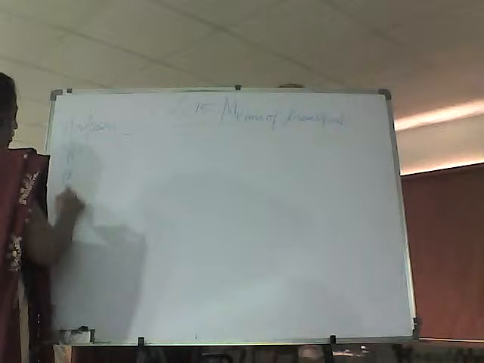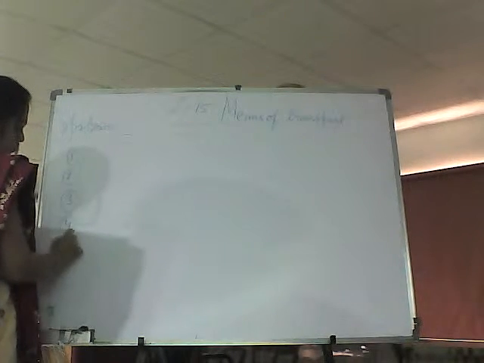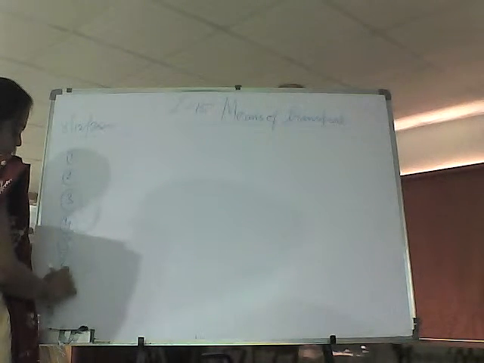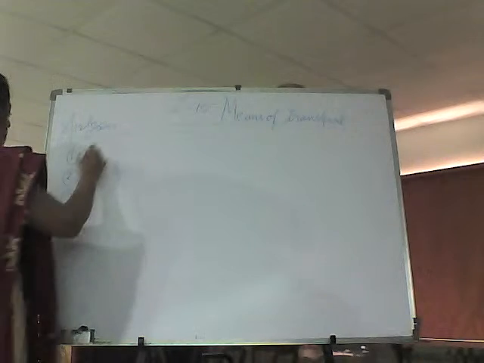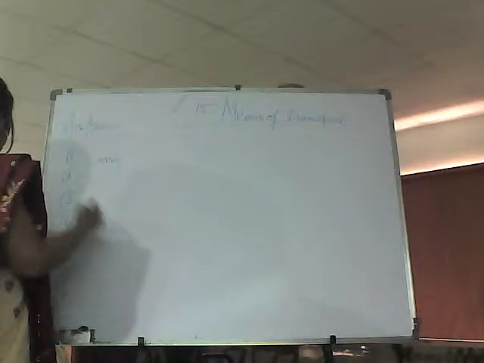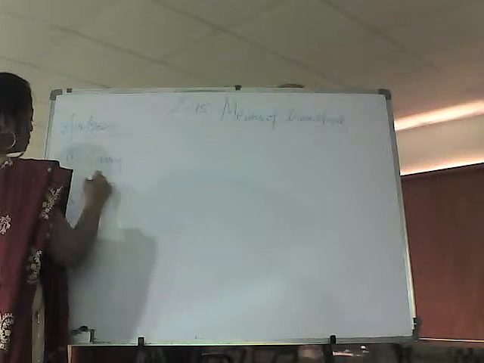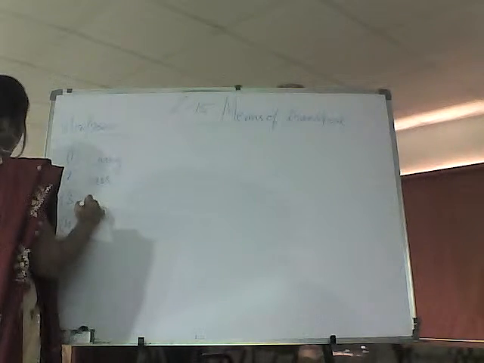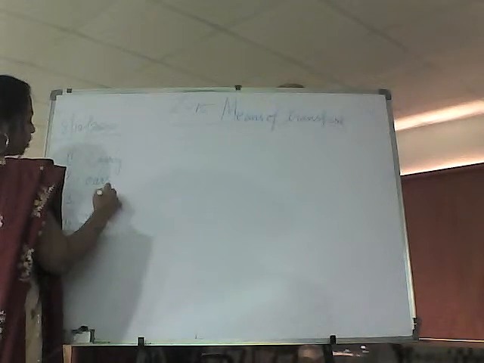Okay. Now write down the hard words. One, two, three. This way you write down till 10. First word is carry. C-A-R-R-Y, carry. Then the second is oars. Oars, sail. Oar matlab chappu.